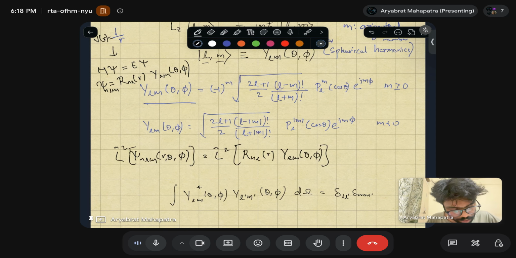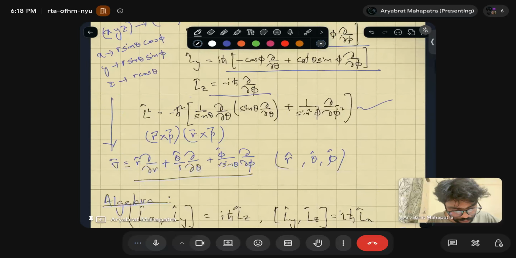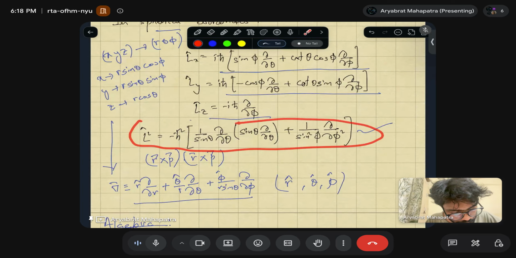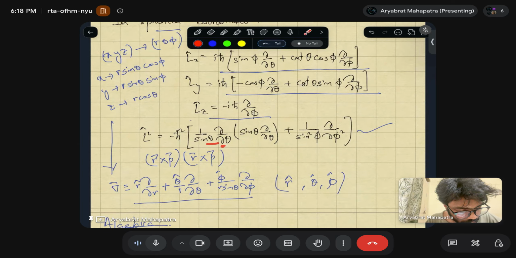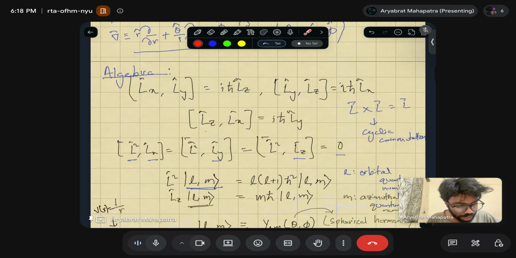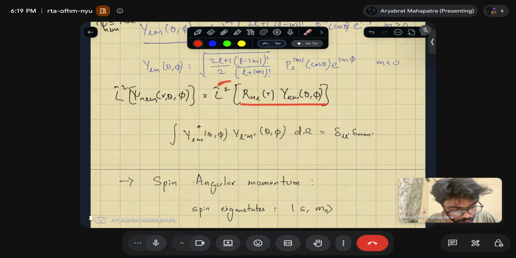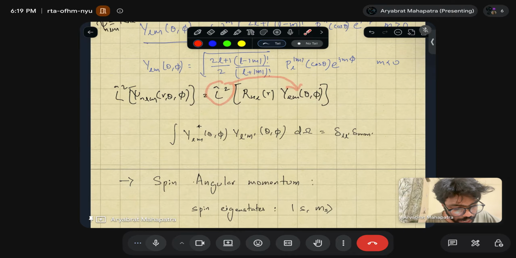If you see the expression of the L square operator right here, it purely has only theta dependence and phi dependence. So when it acts on this whole thing, it will only matter when it goes through Ylm, because Rnl will be just a constant, because L square doesn't have any r variable in its expression.